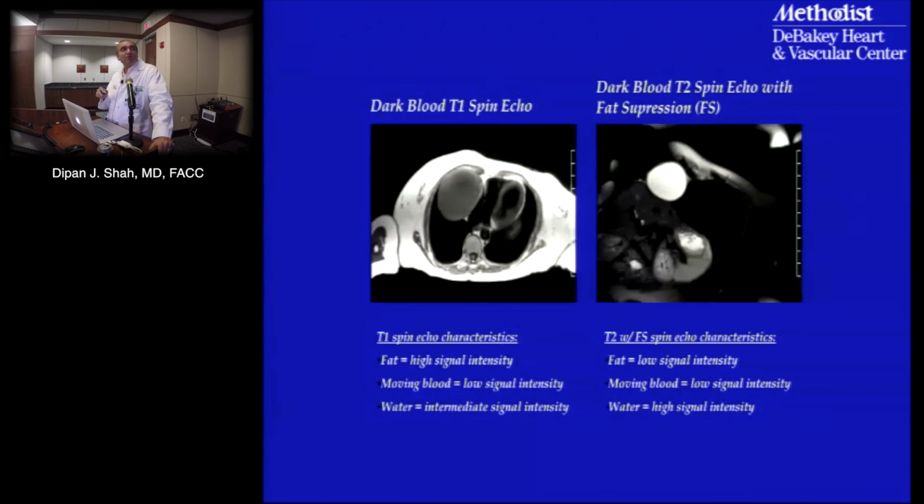So here's an example of a pericardial cyst that you can see right over here. Right now, pericardial cyst is going to be primarily water. And we said that the T1 of water is long or short? Long, right? So water has slow T1 recovery, therefore has a long T1 time.